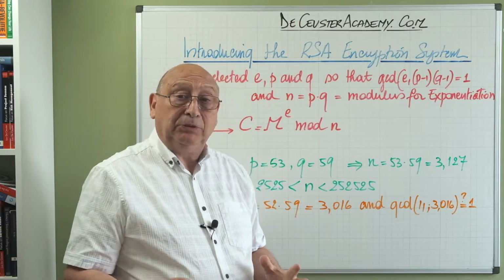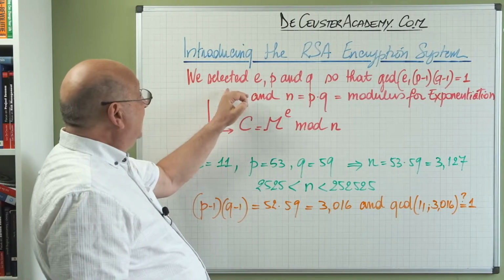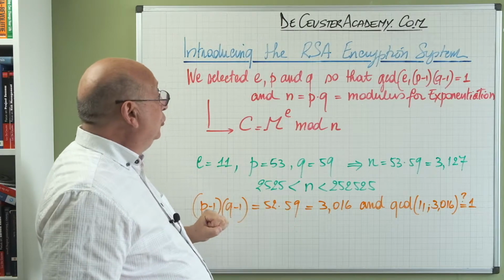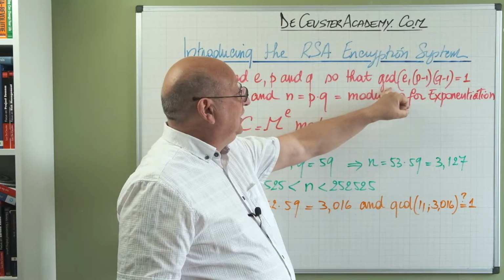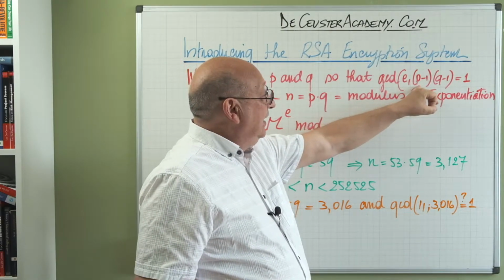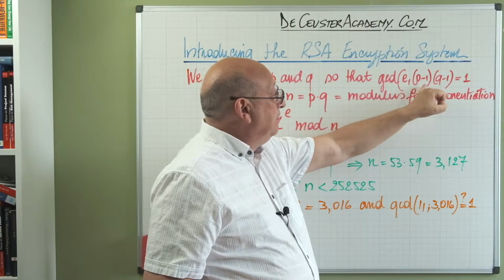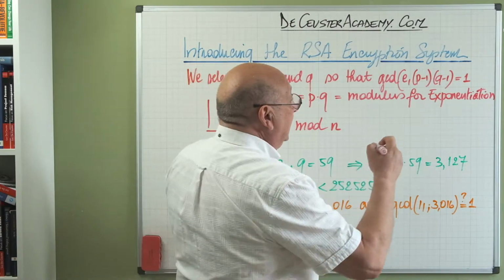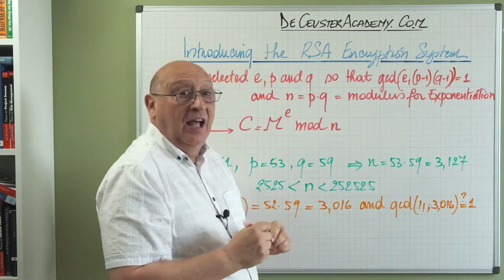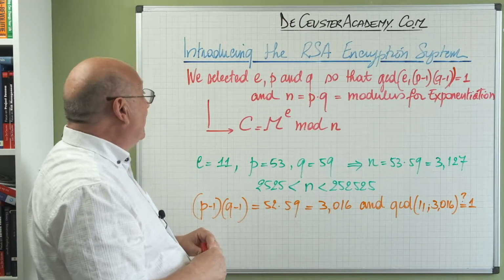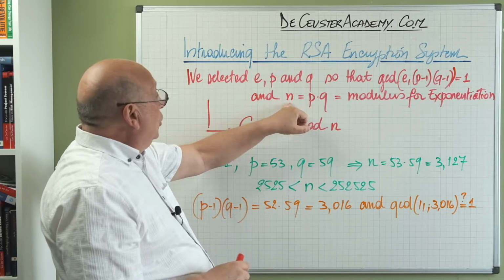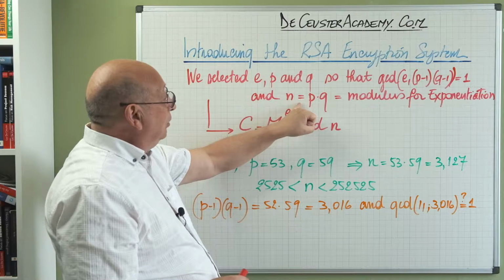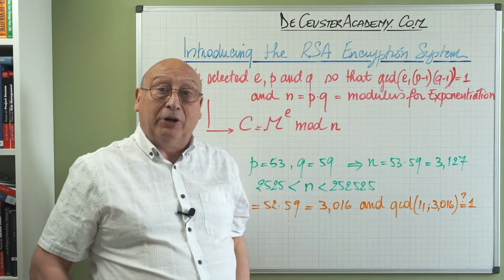The RSA encryption system starts with selecting the exponent E and two primes P and Q in such a way that the GCD of E and the product of (P minus 1) and (Q minus 1) is equal to 1. It means that those two numbers are relatively prime. Also we have N, which is the modulus for the exponentiation, which is equal to the product of those two prime numbers.